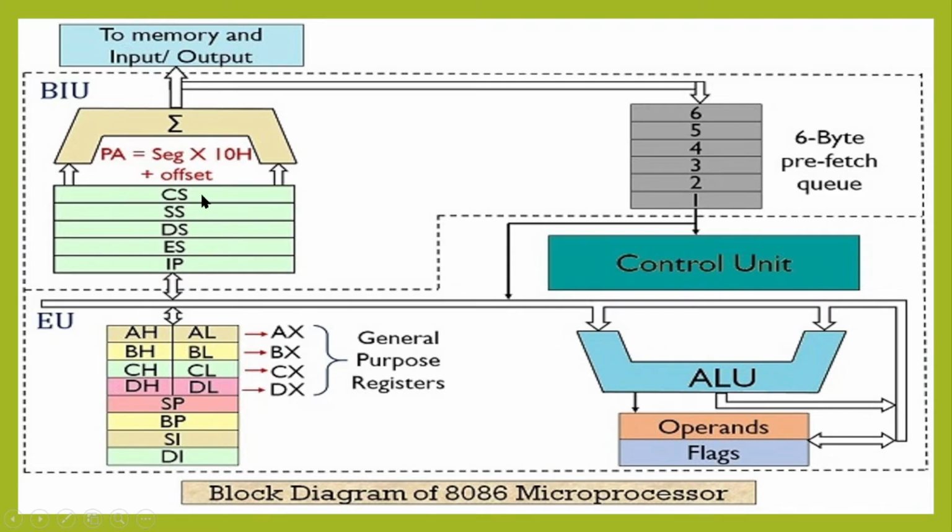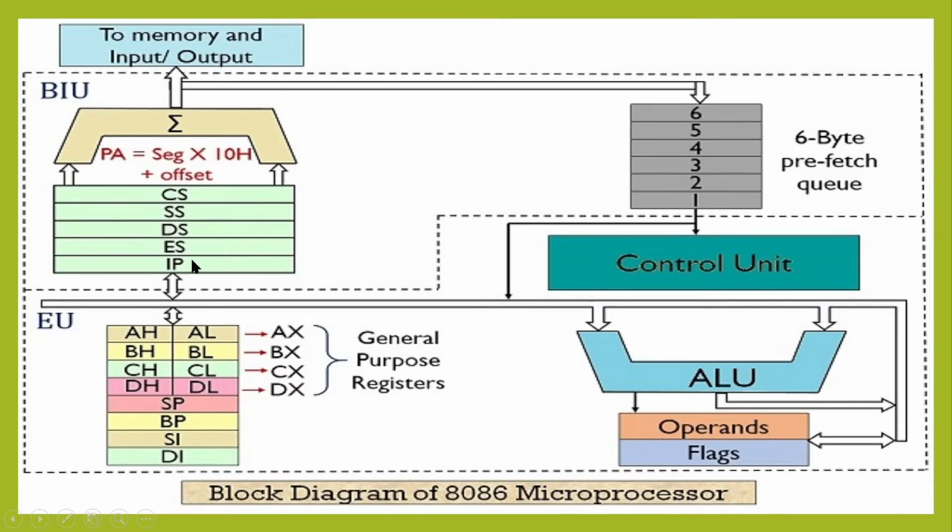Each segment is 64K wide. Within the 64K, the starting address is given by the segment register. Then the offset is also a 16-bit address, which is used to find the physical address based on runtime calculations.